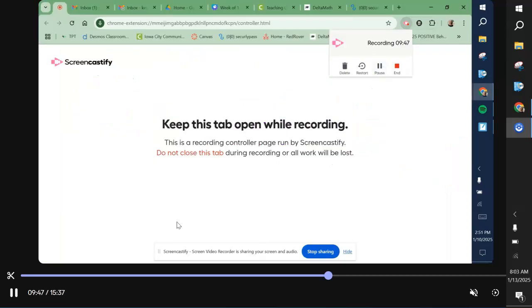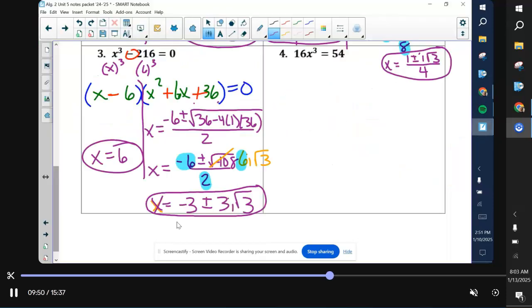So let's pause, work it, and then come back. There we go.